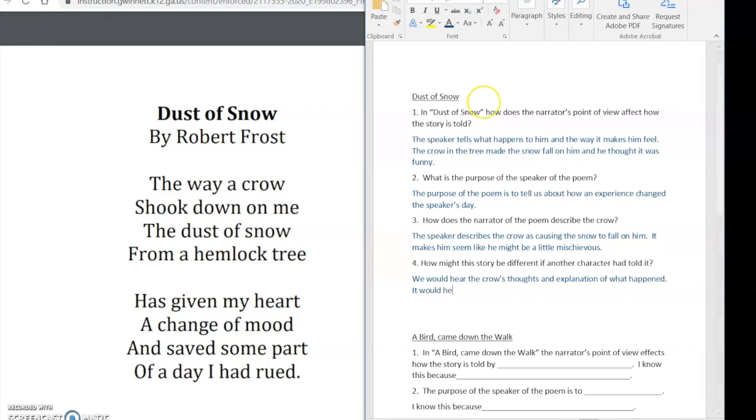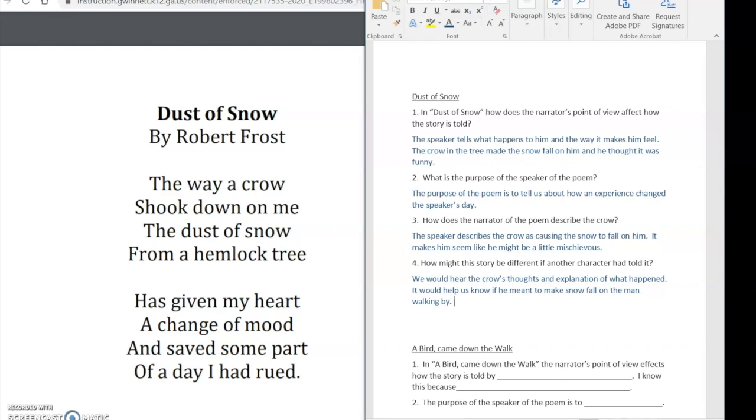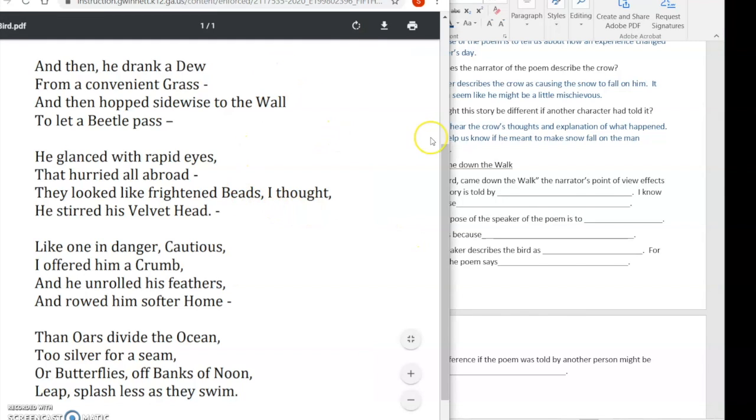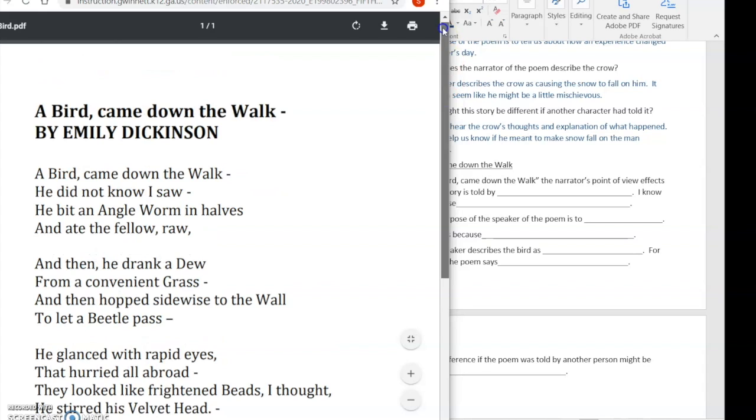It would help us know if he meant to make snow fall on the man walking by. Okay, so that should help you with the first discussion post.